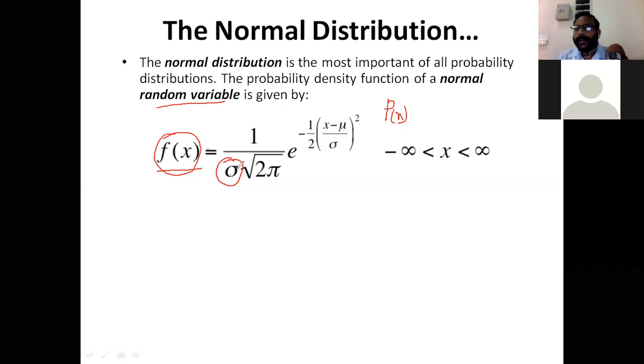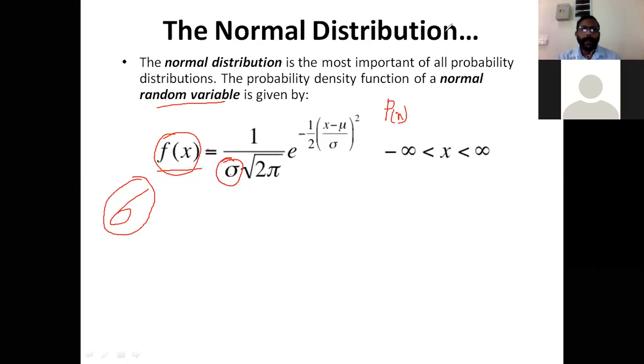What is this sigma? How do you call this sigma? There's a name for this sigma. What is that? Can you all remember? Population.